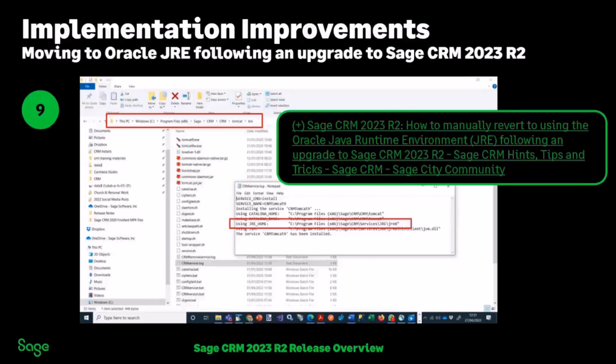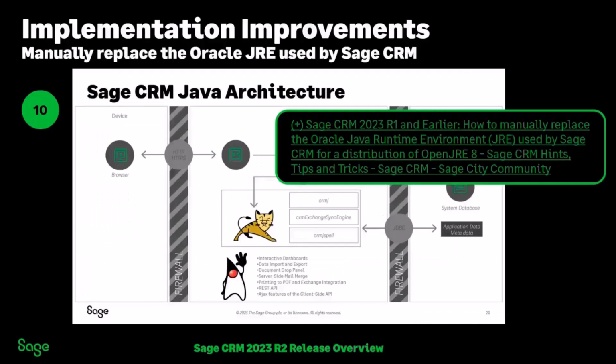If you want to look at the next slide, please, David. If you want to move to the Oracle JRE for versions older than 2023 R2, this is where we've delivered further choice, and you can actually retrospectively go back and say, actually, I want to avoid any potential costs with the Oracle JRE, and instead make use of the OpenJRE.